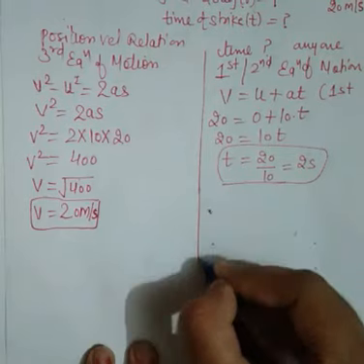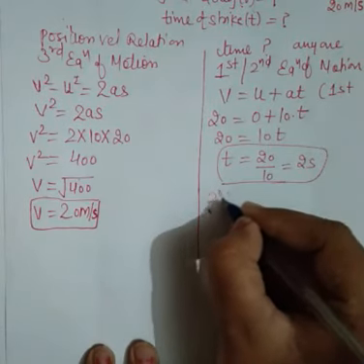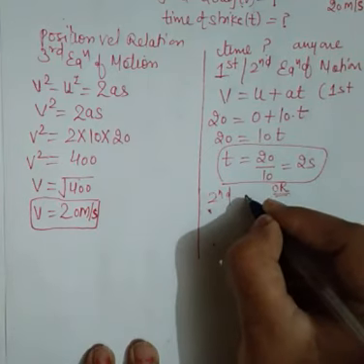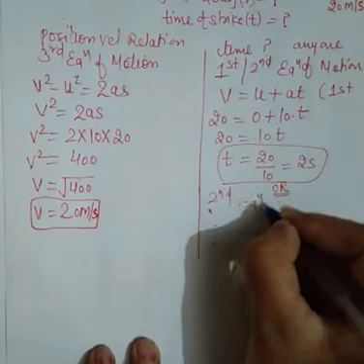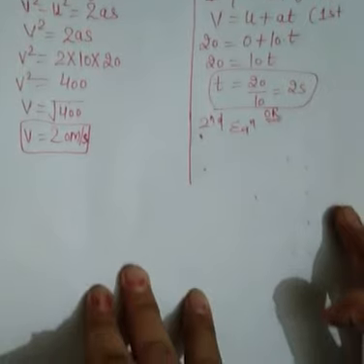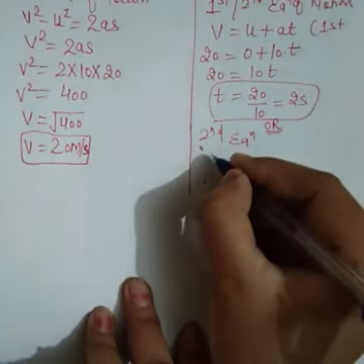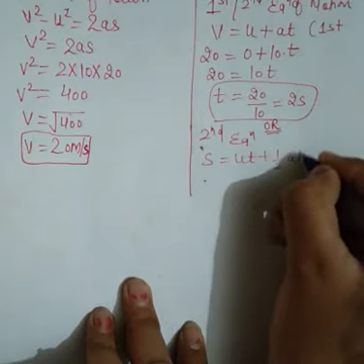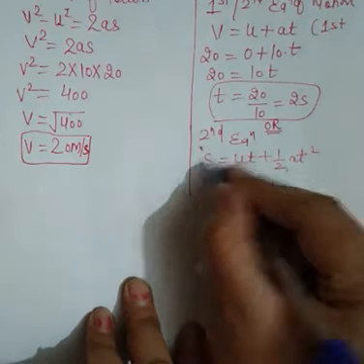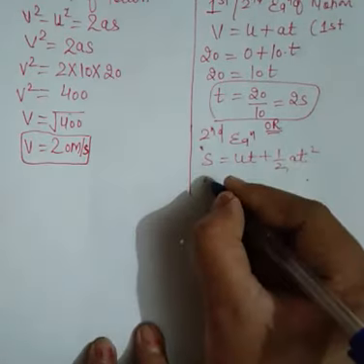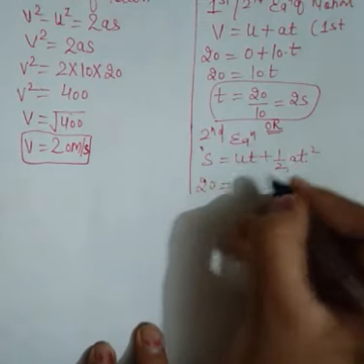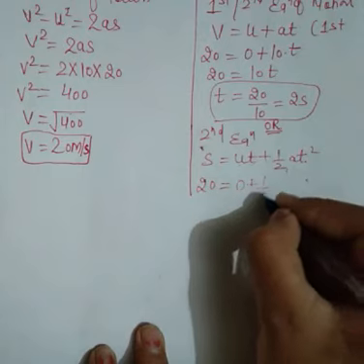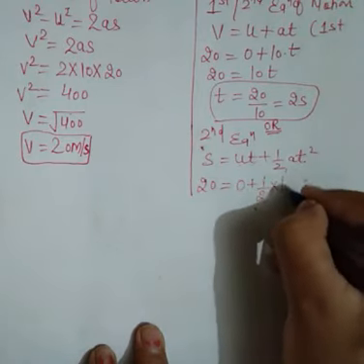But students, if you are using the second equation of motion, I am mentioning here "or", which means you can use any one. With the second equation there is no need to cram, because u is given, s is given, a is given, and t is to be calculated: s equals ut plus half at square. S is 20. U is 0, and 0 into something will be 0. Plus half, and A is 10.